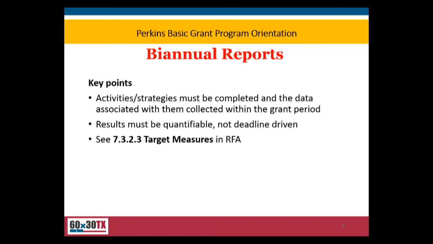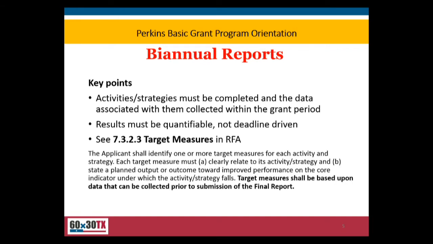It's important to review the target measures in Section 7323 in the RFA. This states that the applicant shall identify one or more target measures for each activity and strategy, and that each target measure must clearly relate to its activity or strategy, and it must state a planned output or outcome toward improved performance on the core indicator under which it follows.